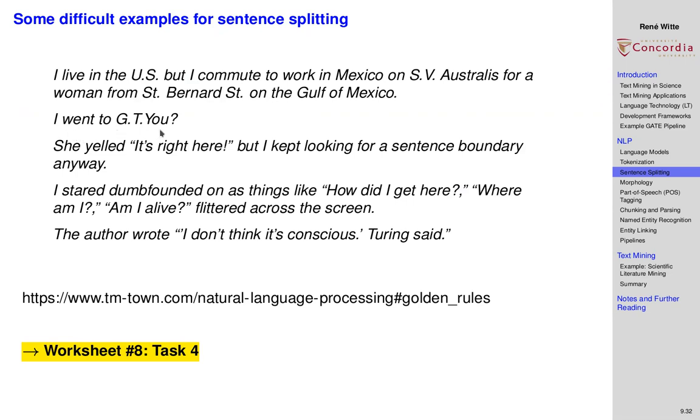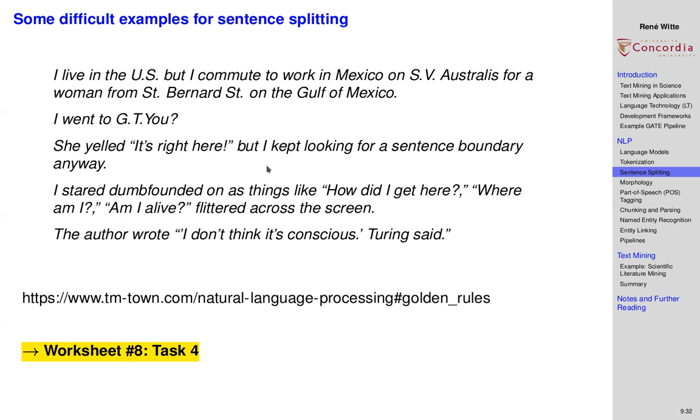Then, if you look at the next one, I went to GTU. Then you see that this is probably two sentences. Again, it's an abbreviation, and you might think it's not being split, but in this case, it probably is. And the third example, you see what I meant with nested sentences. So inside the quote, you have a sentence, and the whole thing itself is also a sentence.